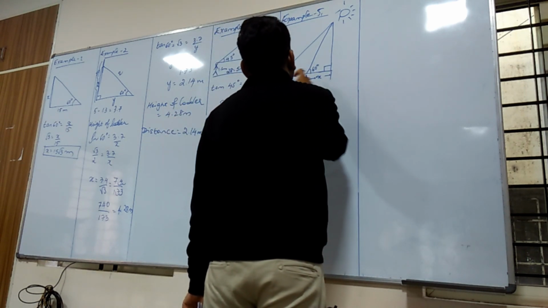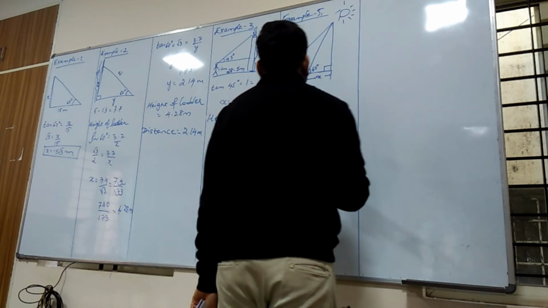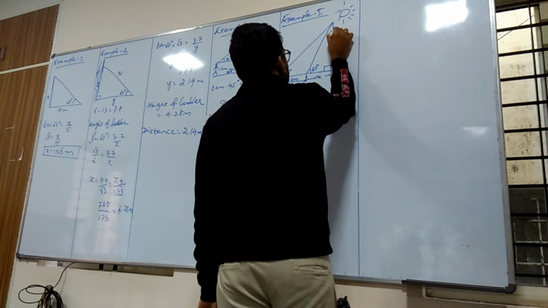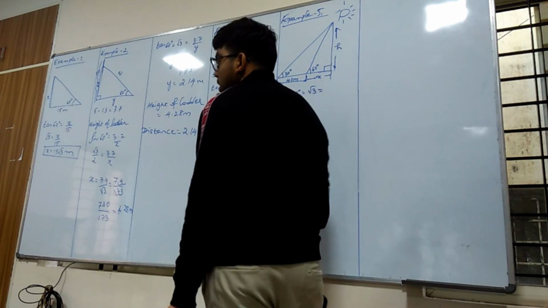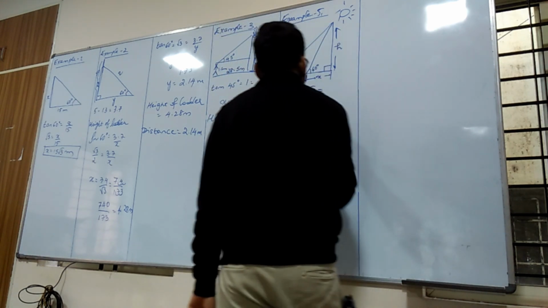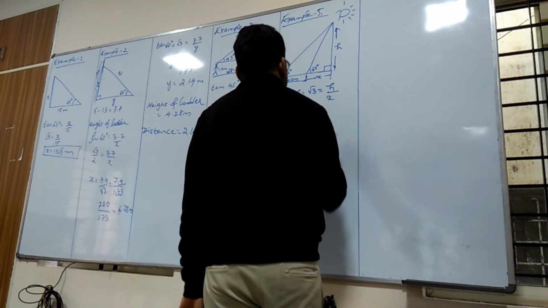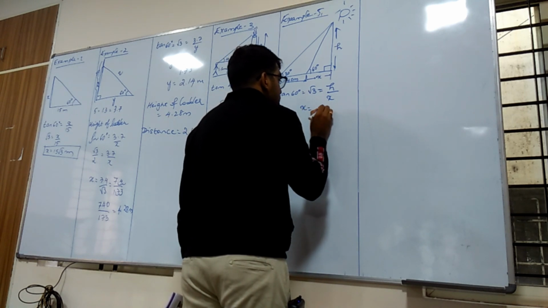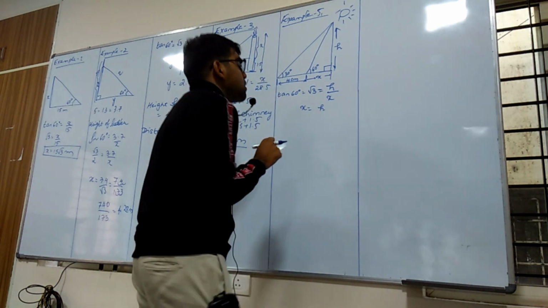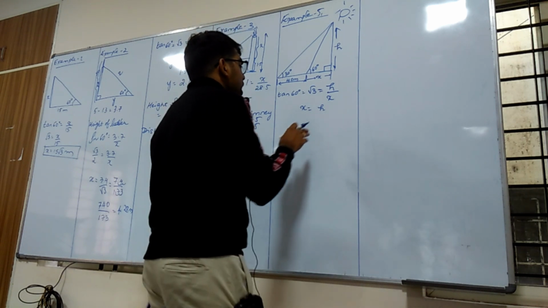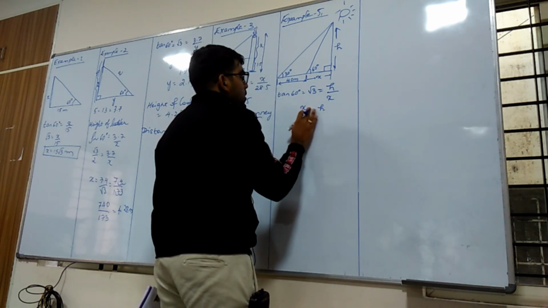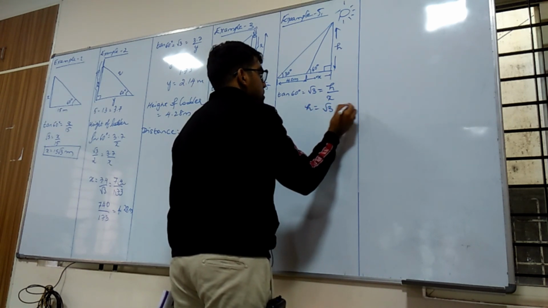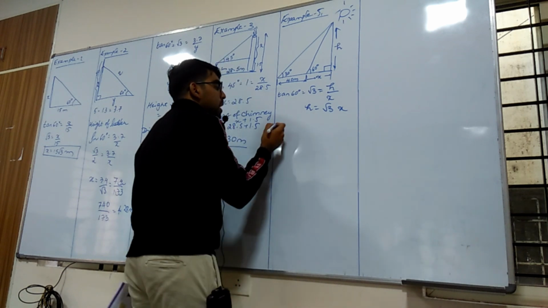I take the perpendicular as h, height, then it becomes easy for you to differentiate. So h by x. So I write x is equal to h by root 3. What are we supposed to find actually? Height. I write it in terms of height only. h is equal to root 3 x. Then next part.